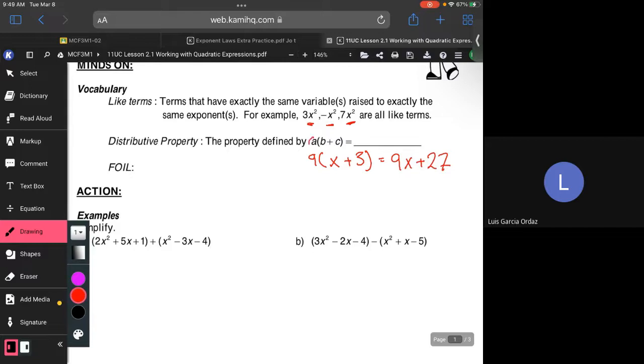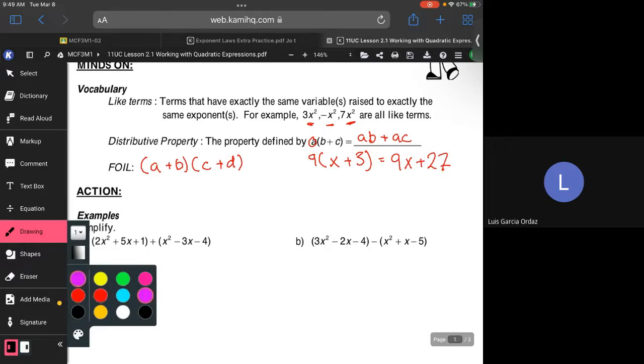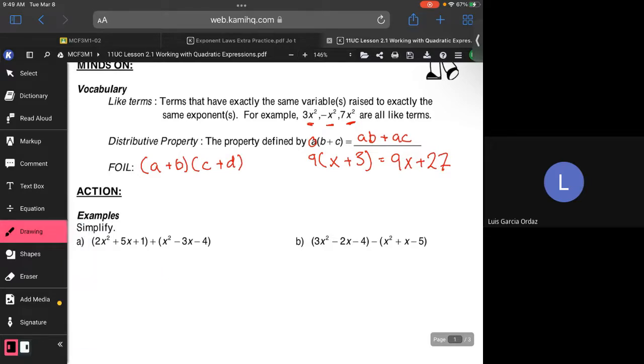So I'm taking my variable a and multiplying it by b, and then multiplying it by c as well. Do you guys remember how to FOIL? Yes. Okay. So let's say I have two brackets here. I'm going to multiply my first term in the first bracket by my first term in the second bracket.